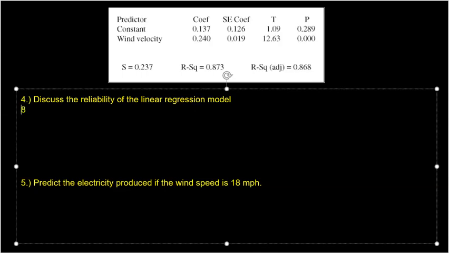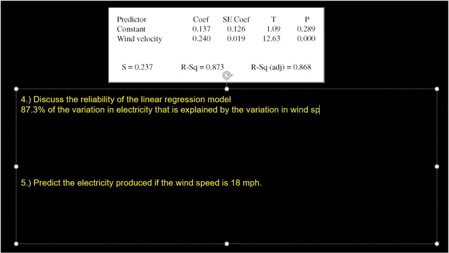So first up, R squared is a percentage. So it's 87.3% of the variation in electricity that is explained by the variation in wind speed.